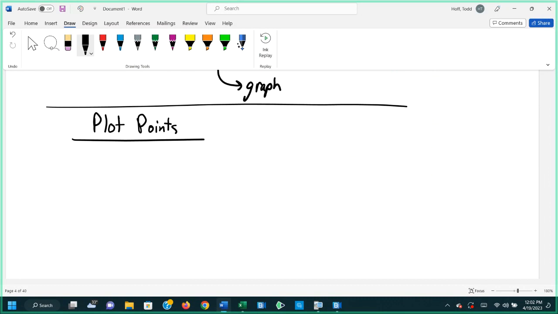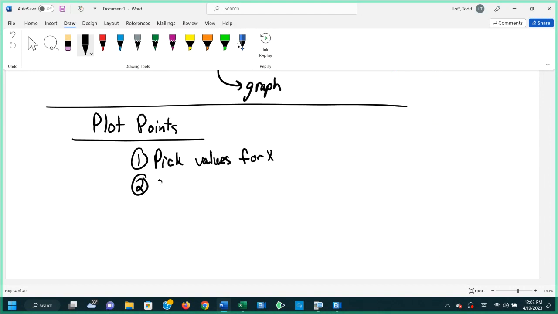Plotting points requires, one, that we pick values for the x variable. And we try to pick a range of values across the graph, maybe some negative, some positive, some close to 0.